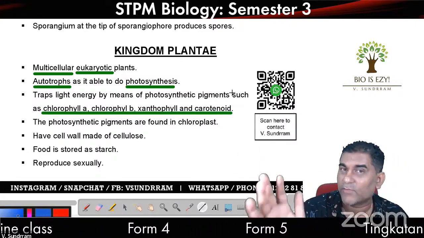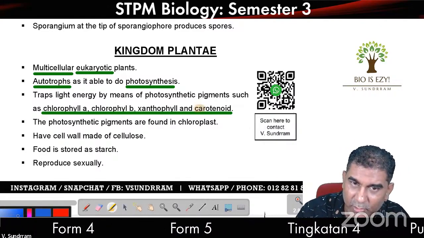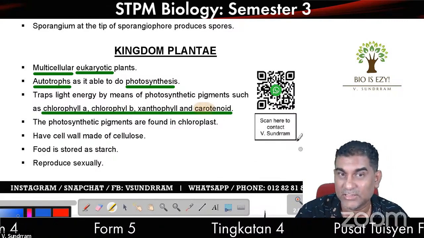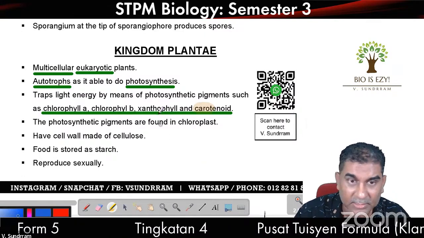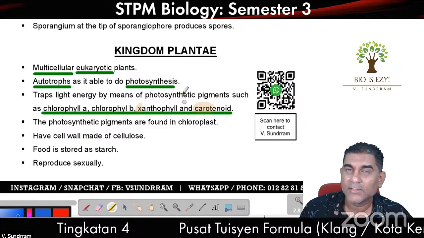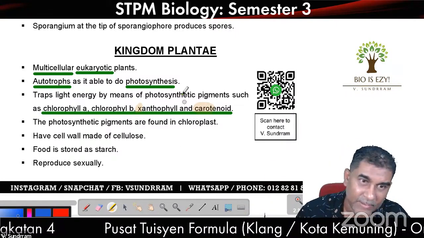A, B, xanthophyll, carotenoid. You can remember carrot meaning orange color. Carotenoid is orange. Xanthophyll, how I remember, starts with X. After X is Y, so xanthophyll is yellow, Y for yellow. That's how I remember.